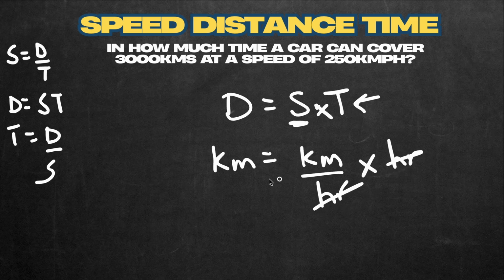So now this hour cancels out, and that's how the distance unit is calculated. Even if you write all those units, you will see that they work with each other to give you the final unit all the time. Okay, this was easy, right?